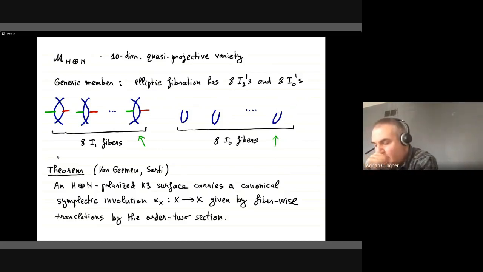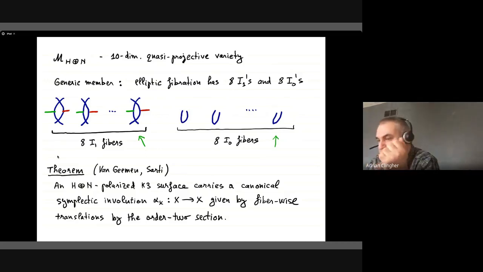So another way to look at this is the following. If you have a section of order 2 in an elliptic fibration with section, then, as I mentioned earlier, this leads to an automorphism of the K3 surface that is obtained by fiber-wise translating by this section of order 2.